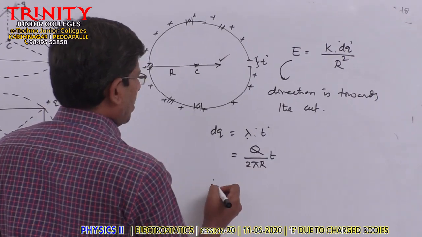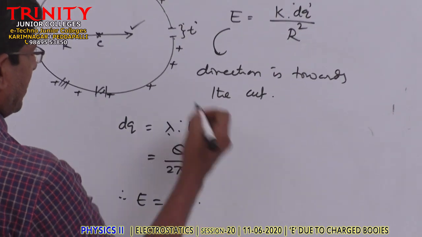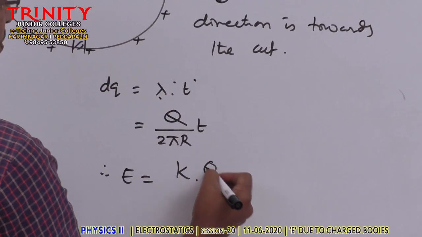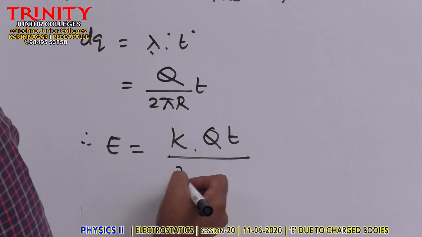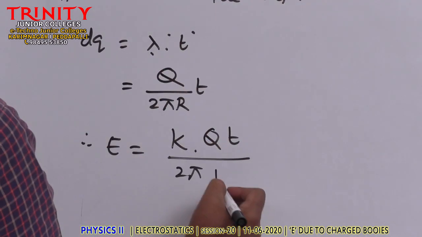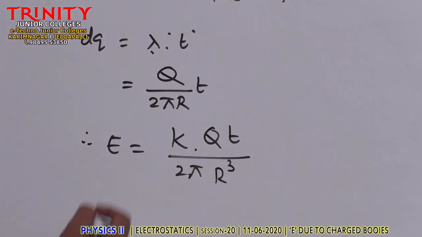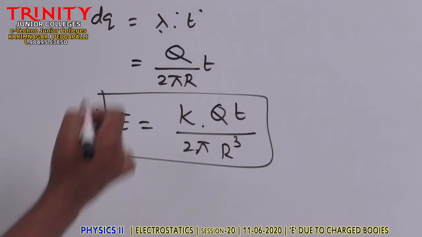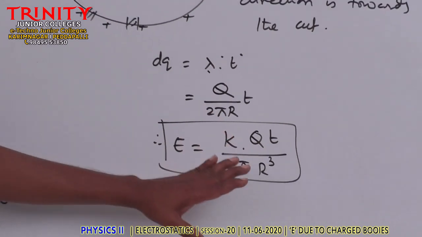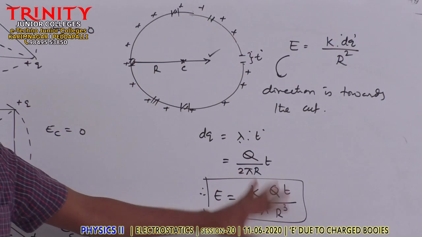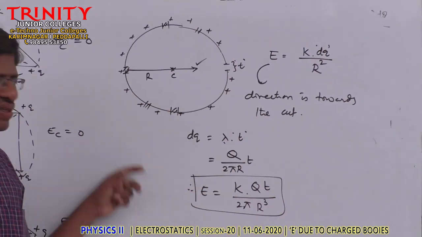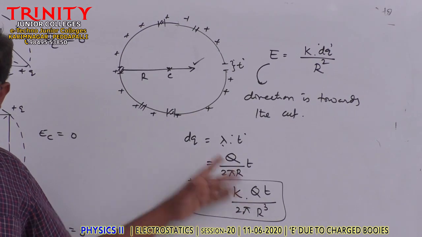With this substitution, therefore, at the center the intensity is qt by, already r square is here, this is r, this is 2 pi r cube. So this will be the answer. Don't try to remember this equation, because this is very simple to derive then and there. So don't try to remember this, okay?